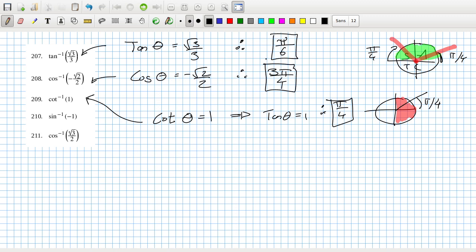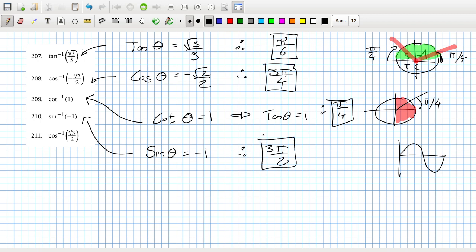Okay. This one here, when will sine theta equal -1? And that's got to be in the fourth quadrant. But that's actually a special one. -1 is only here at 3 pi over 2.